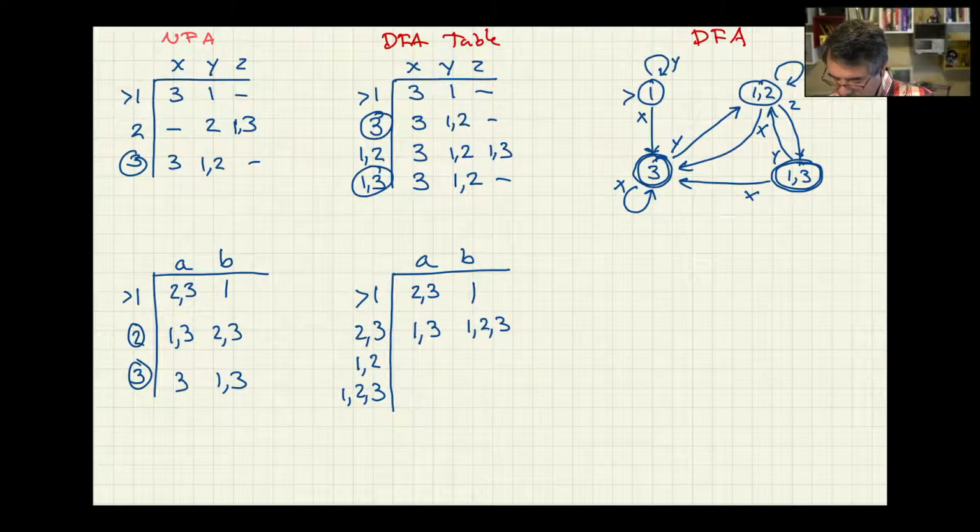Let's see, under A, if we're looking at the 1 and 2 row, we're going to combine these together, and we get 1, 2, 3. And then for B, combine these together, and we get 1, 2, 3.